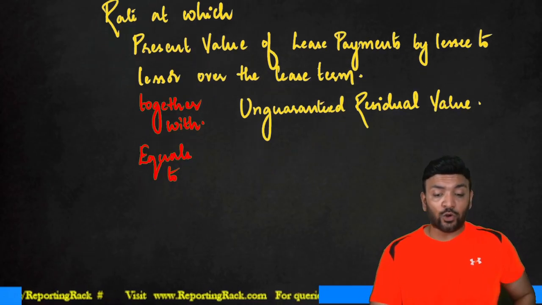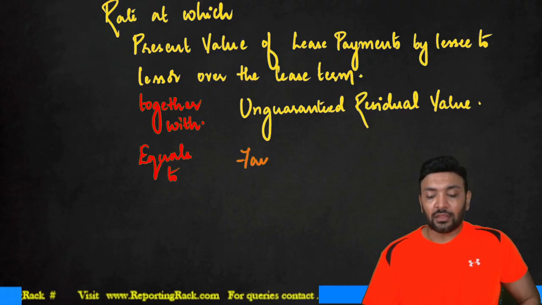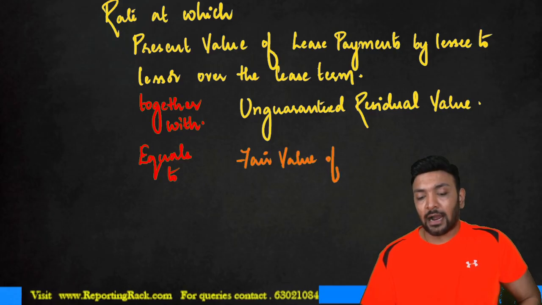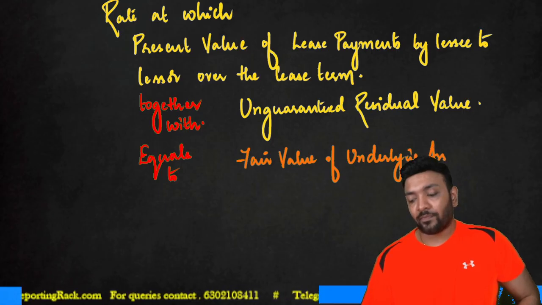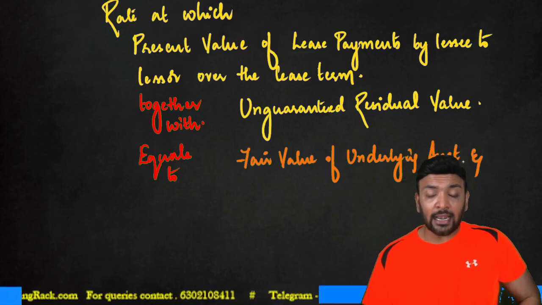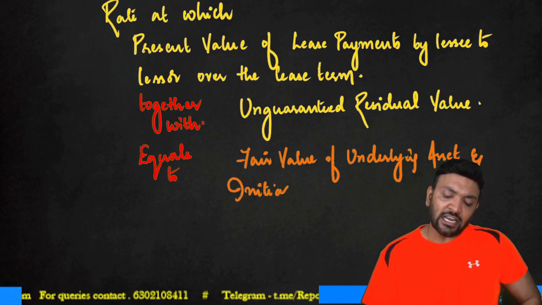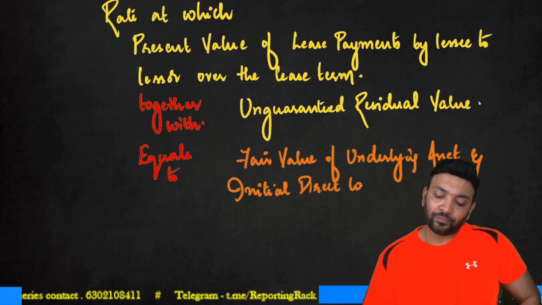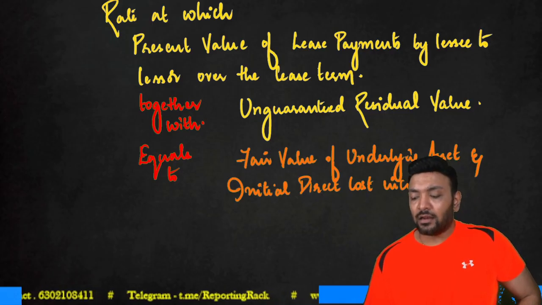It should be equal to the fair value of underlying asset and initial direct cost incurred by lessor.